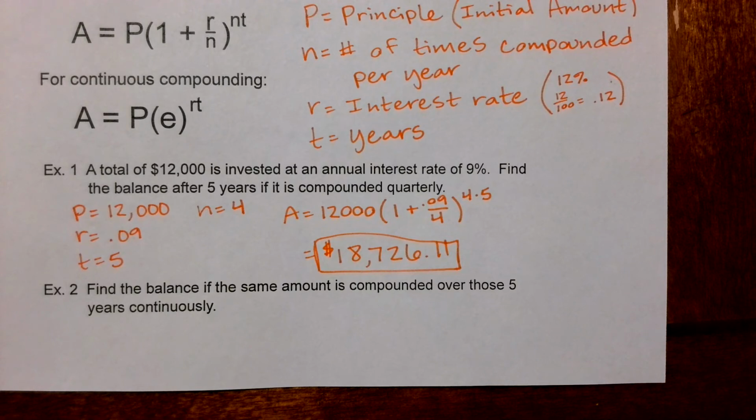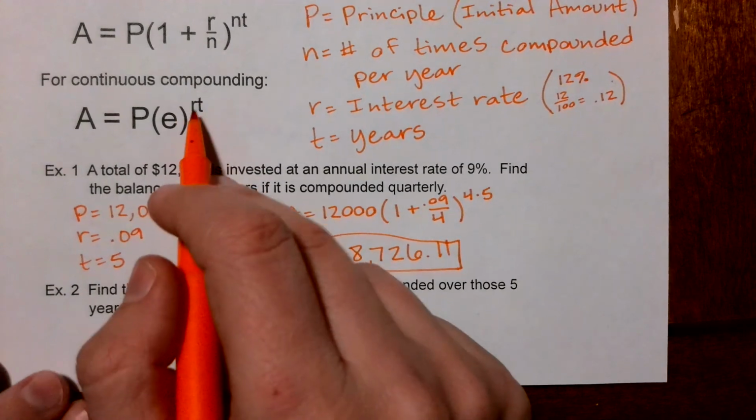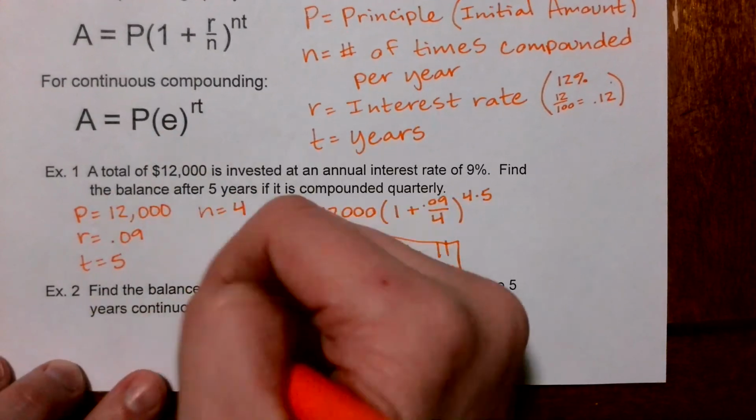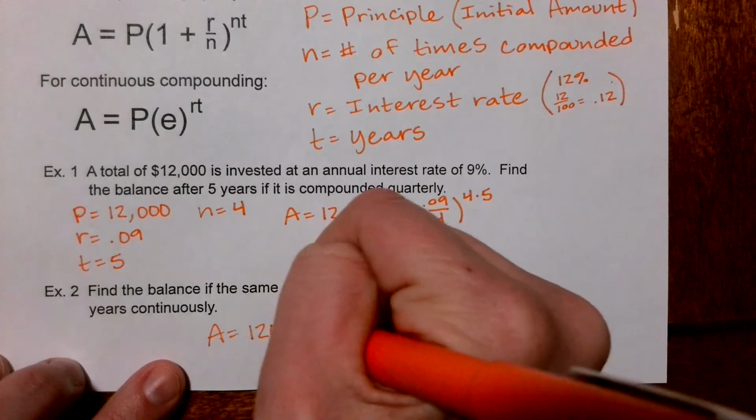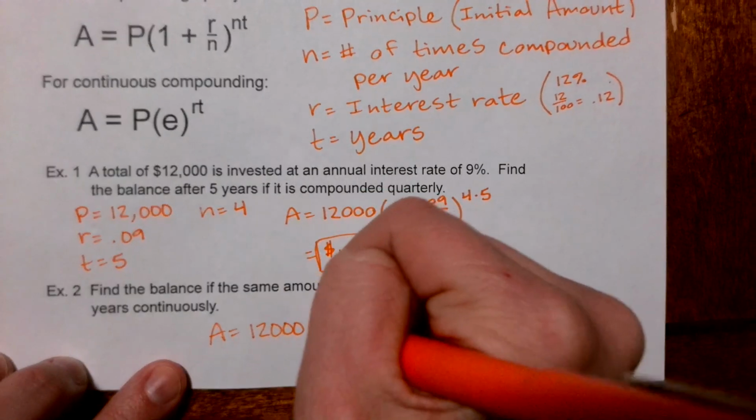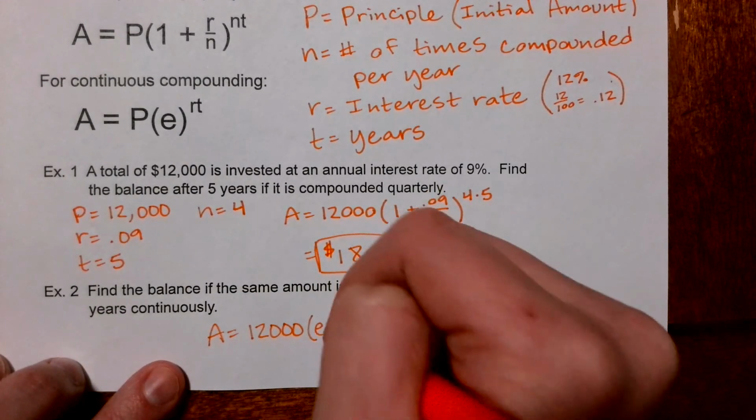Last one, you've got finding the balance if that same amount is compounded over those 5 years continuously. So we've got less information for the second formula. We still have this same principal that we're starting with. We'll have that E, remember we talked about earlier, is like 2.7.